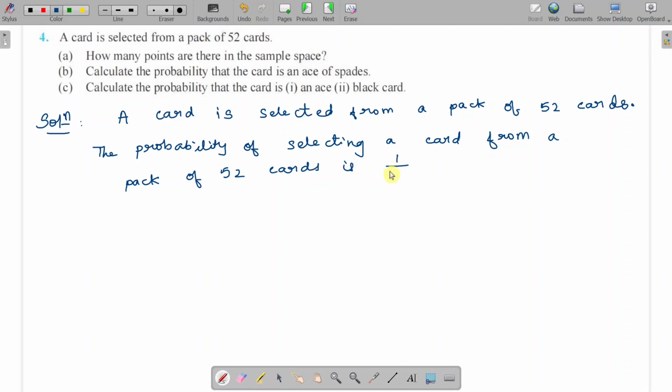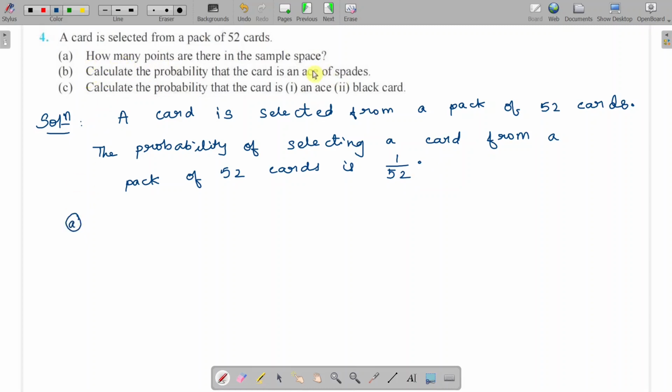Is 1 by 52, right? And all the probabilities, that means the chance of occurrence of each outcome is the same, that is 1 by 52. Okay, so any card you select, the probability is 1 by 52, right? Okay, so now let us look at problem A here.